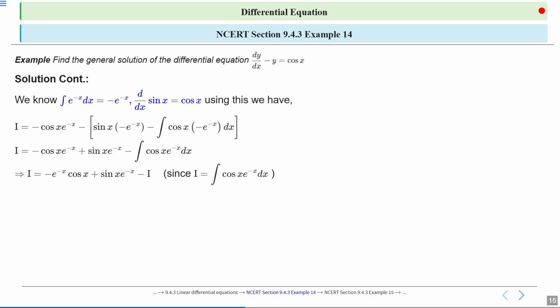And since the integral of cos x e to the power minus x is considered as I, we just replace integral of cos x e to the power minus x dx by I. So we get I is equal to minus e to the power minus x cos x plus sin x e to the power minus x minus I. So now we solve and we get 2I is equal to sin x minus cos x into e to the power minus x.